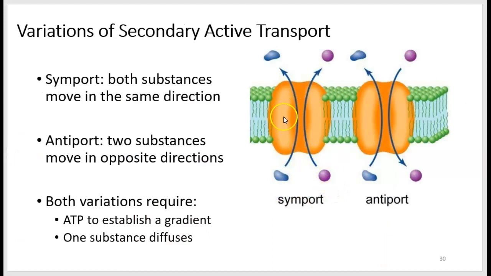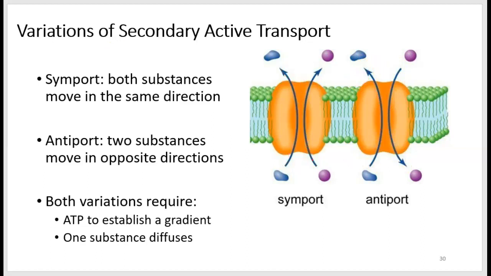Now sometimes in secondary active transport, the two substances move together. We call that a symport. So like with our sodium and our glucose, it goes together. Other times the two substances will move in opposite directions, but it works the same way.